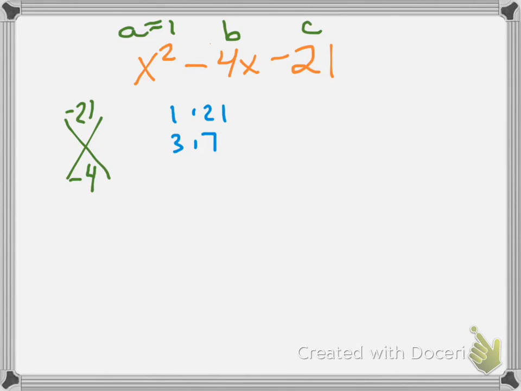Those are my options. So what should I pick to go on the sides here? What two numbers multiplied to be negative 21 add up to negative 4? This is going to be negative 7 and positive 3.